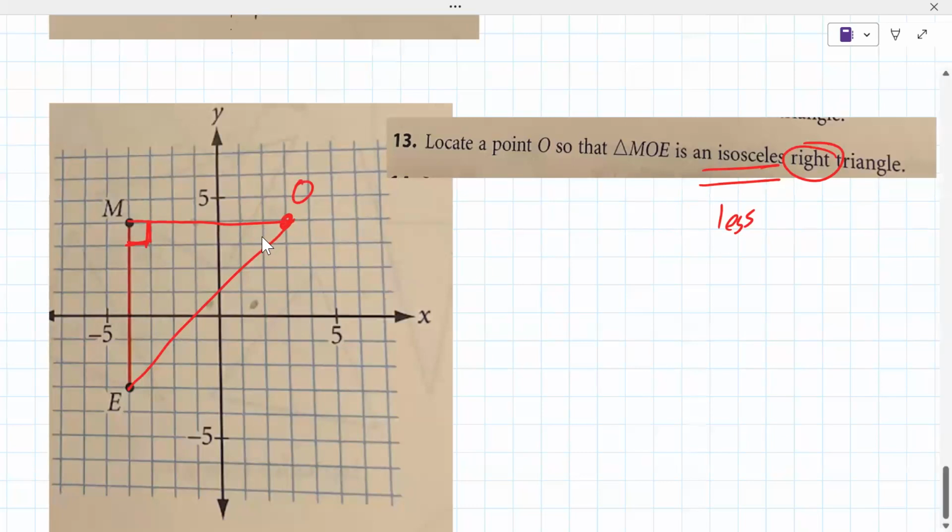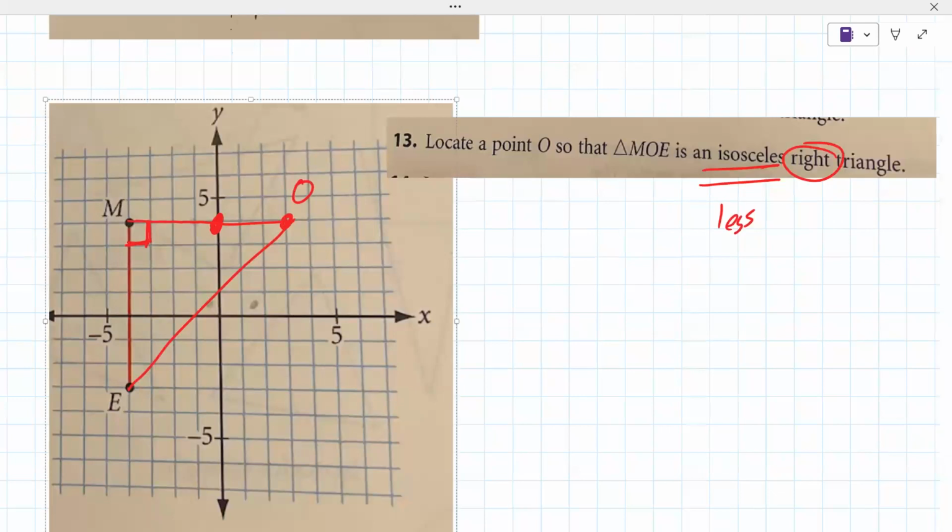So that means this does work. But if you move O anywhere else, like let's say you put it here, would that be isosceles now? No, it would not, because it would be a right triangle, but it wouldn't be isosceles. And that's the challenge here.